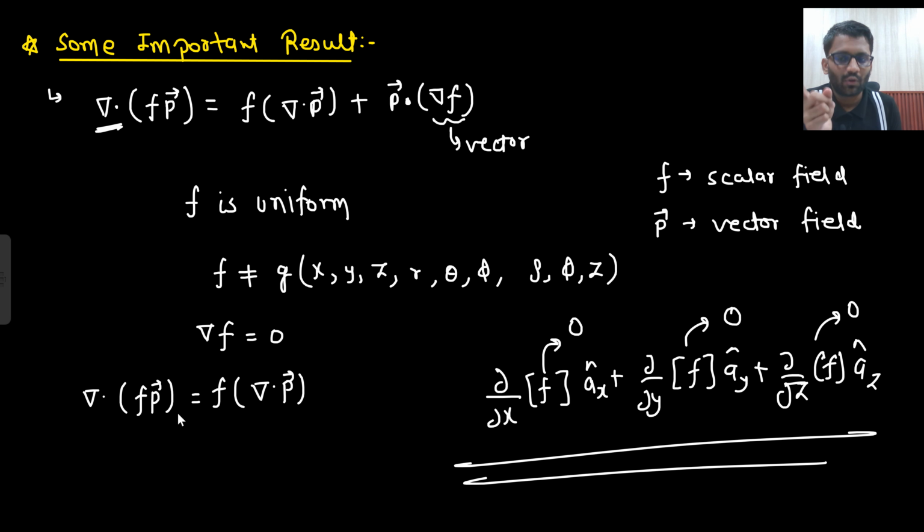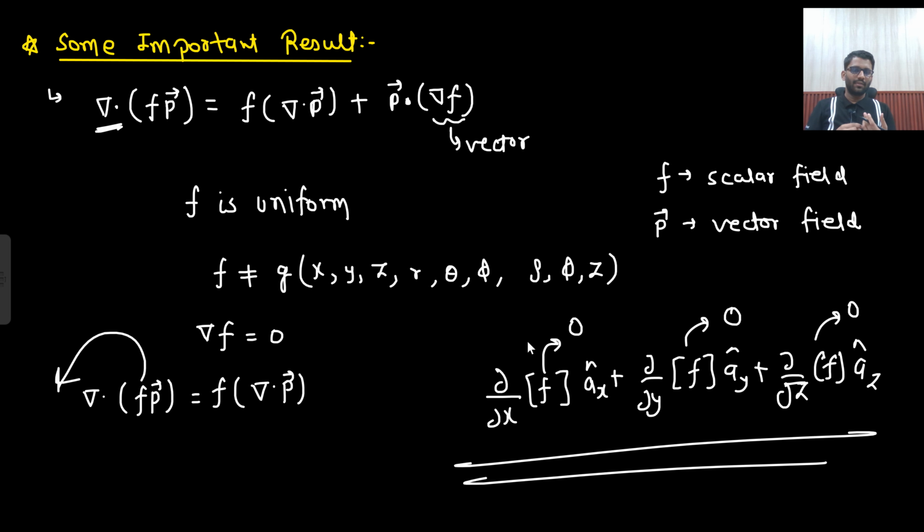A lot of times I have seen students say, sir, it will come out. No, if f is a function of x, y, z or rho phi z or r comma theta comma phi, then it will not come out. First as it is, differentiation of second, plus second as it is, differentiation of first. So first as it is, divergence of second, plus second as it is, gradient of first.